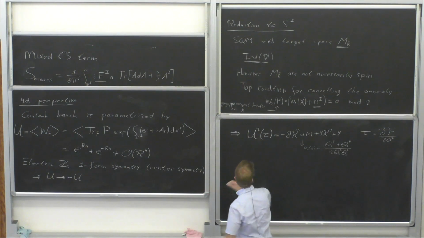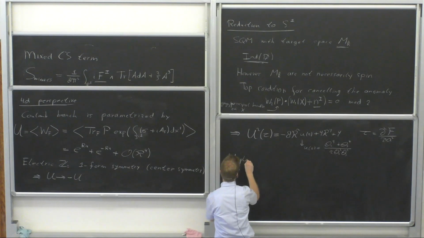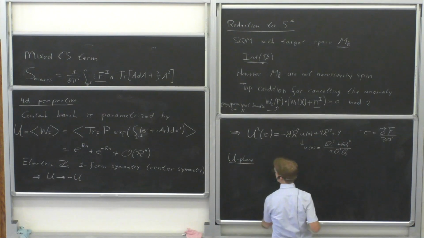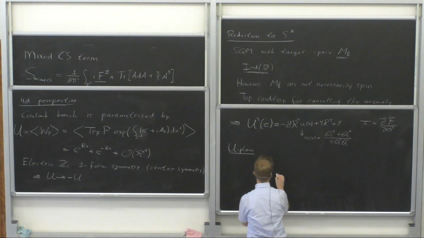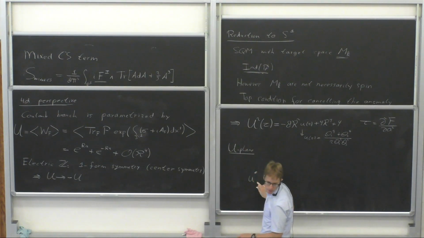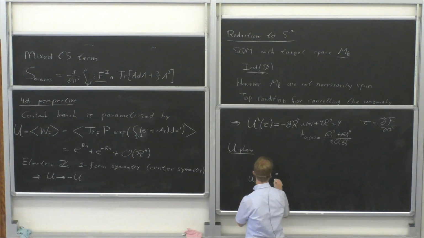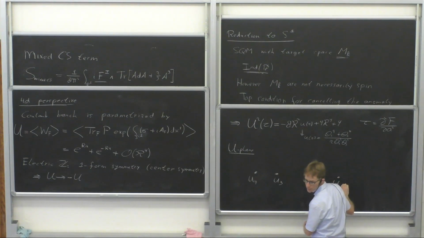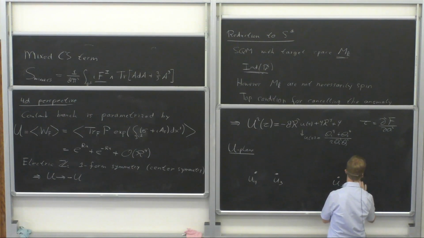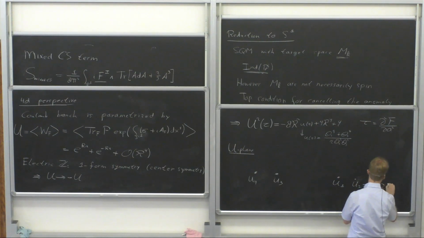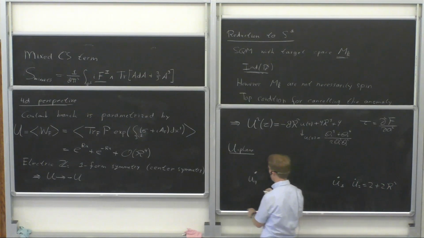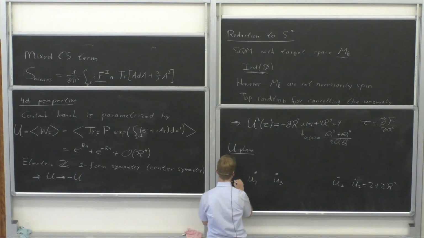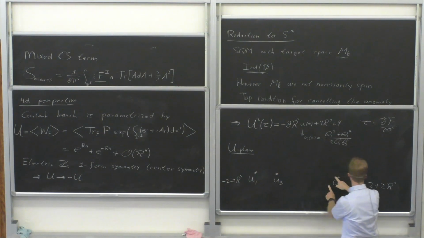The u plane has four singularities, u1, u2, u3, and u4, located at plus or minus 2 and plus or minus 2 r squared.